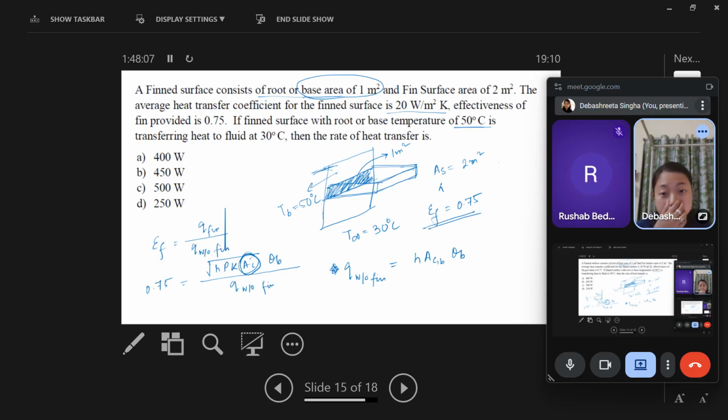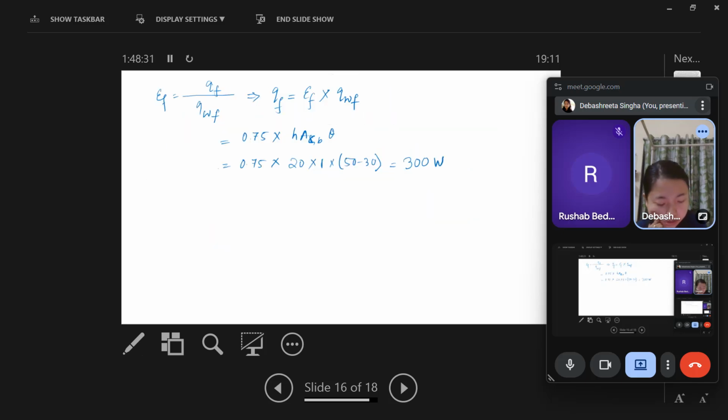We have found it out. But they have asked: if the finned surface with root or base temperature is this and transferring heat to fluid at this, then what is the rate of heat transfer? That means they're actually asking the heat without the fin. If they do not mention anything, then you should consider it as heat without fin. Rate of heat transfer without fin.